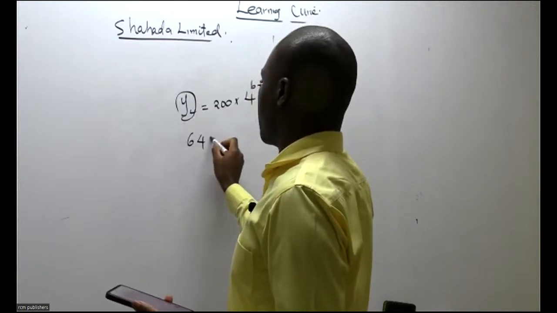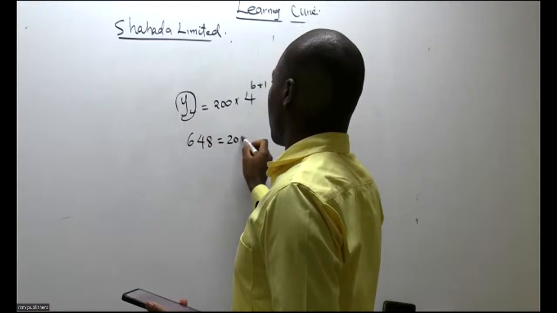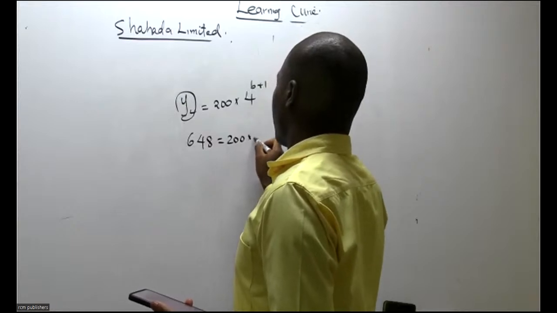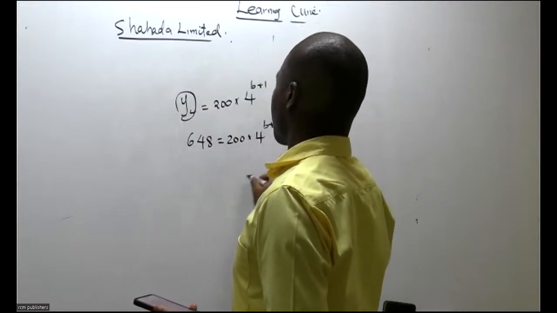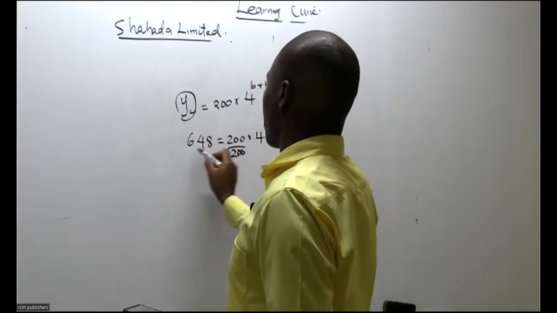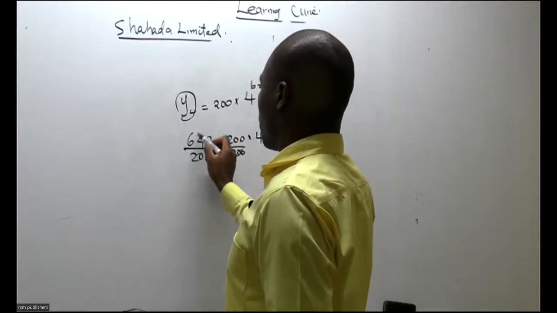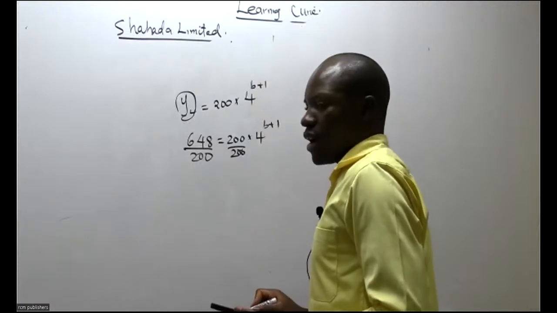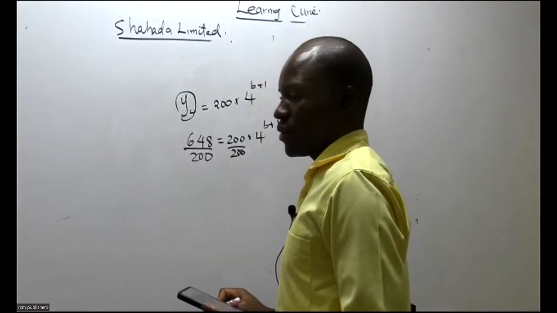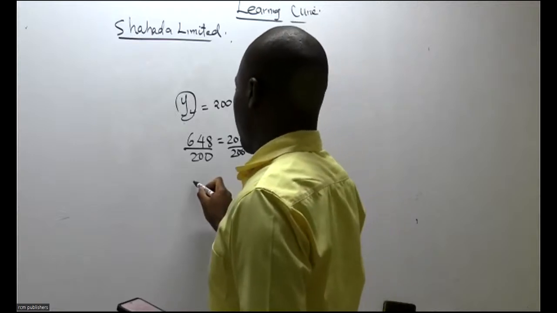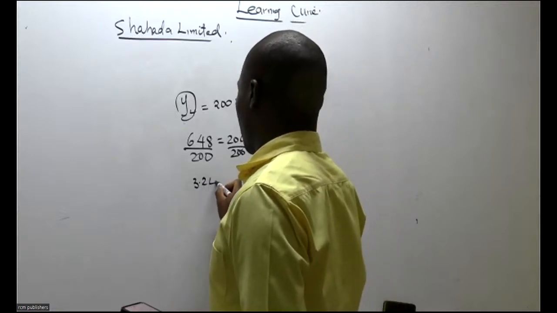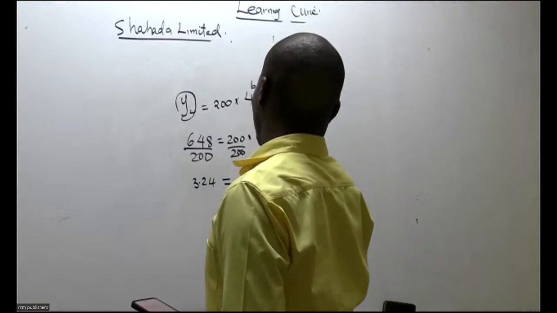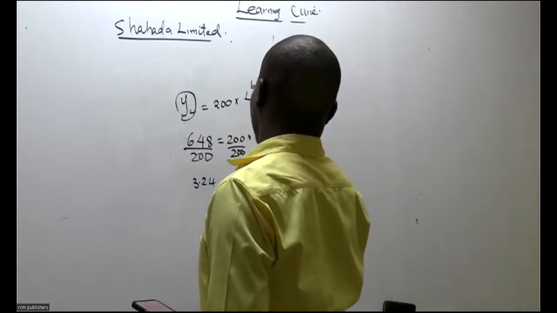So 648 is equivalent to 200 by 4 raised to power B plus 1. Divide both sides by 200. What are you getting here? 648 divided by 200 gives us 3.24, which is equal to 4 raised to power B plus 1.